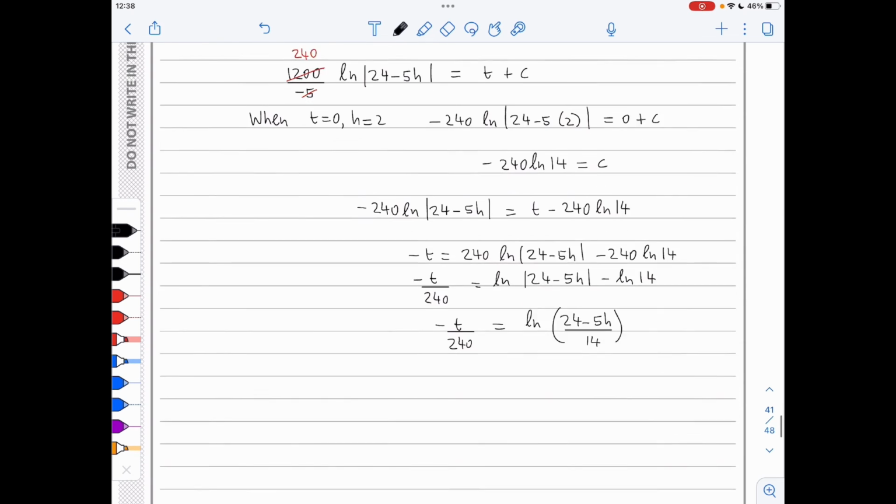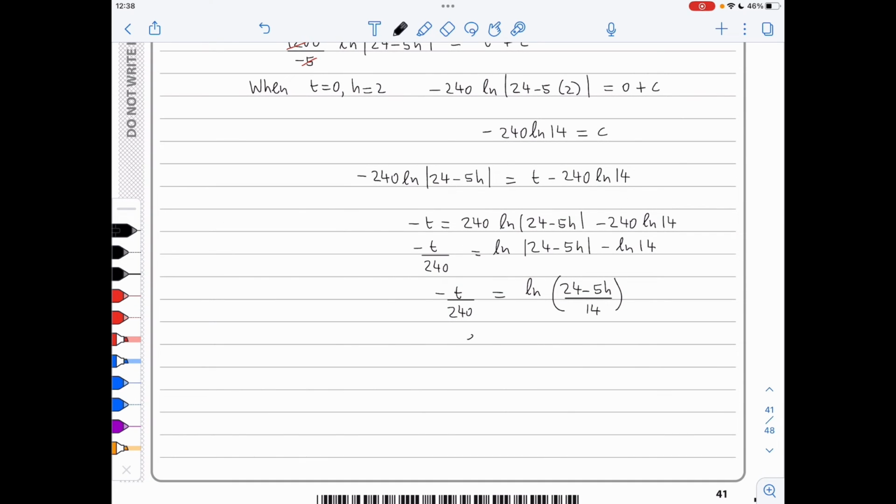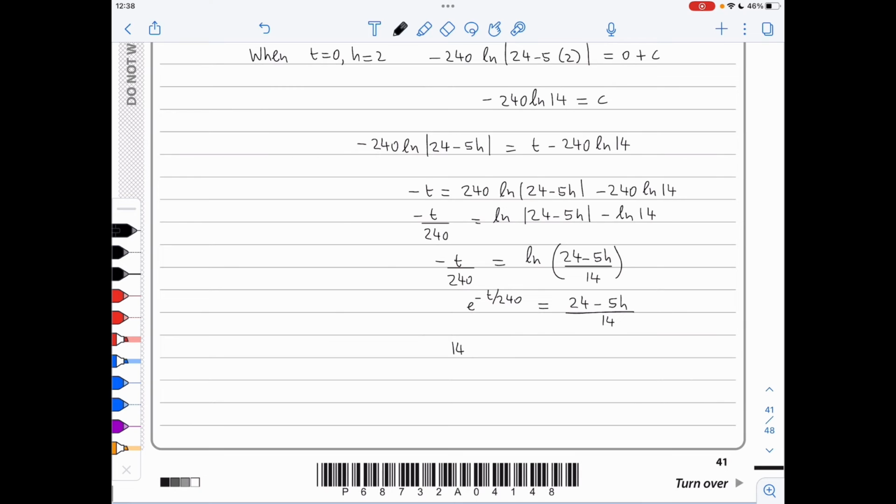I will remove the ln by writing it as e to the minus t over 240 is 24 minus 5h over 14. And I will now cross multiply to get 14 e to the minus t over 240 is 24 minus 5h.